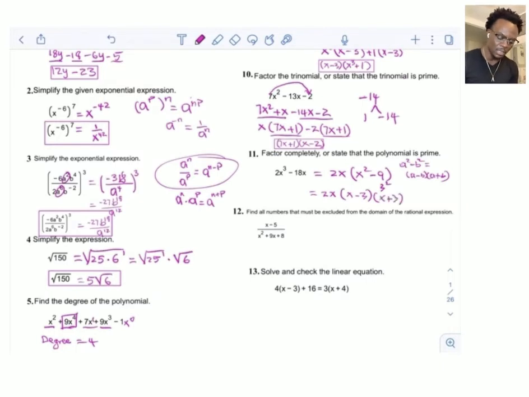So that ends the process. We have that 2x cubed minus 18x equals 2x factor x minus 3 factor x plus 3.